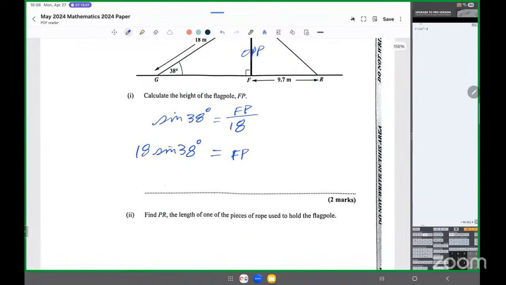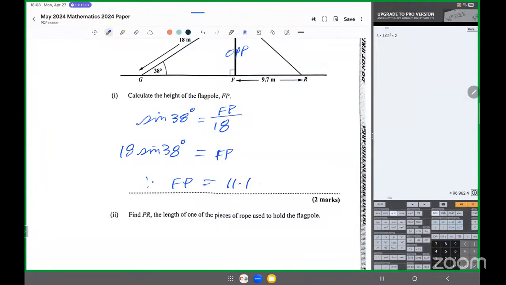You put that in the calculator and you're going to get FP equal. Work this out with the calculator. Anybody did it? 11.1, all right. 11.1. Put the units of measure, 11.1 meters. Everything is in meters in this question.